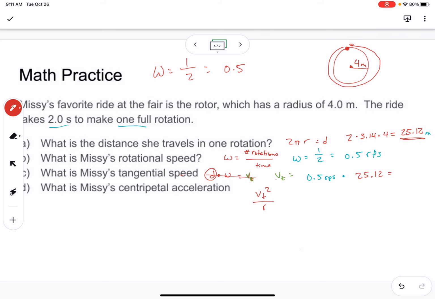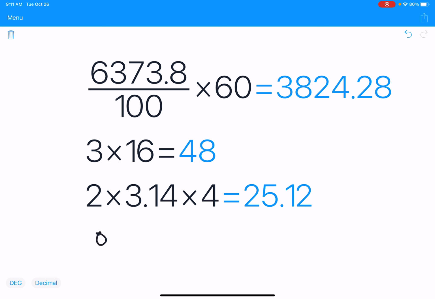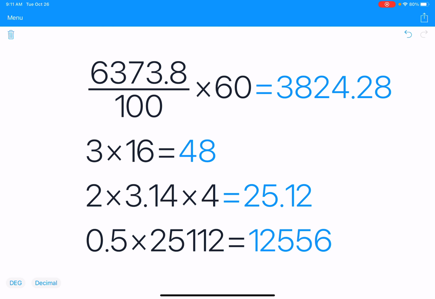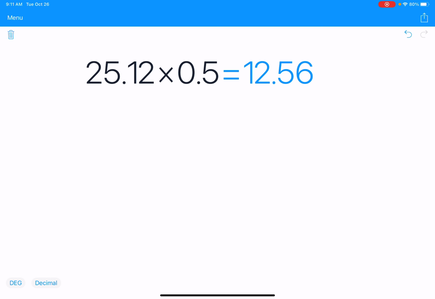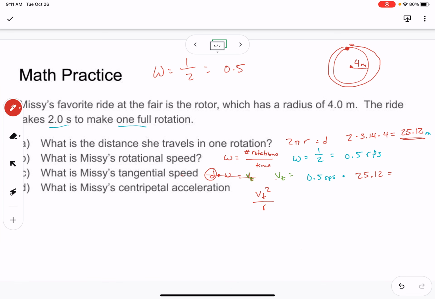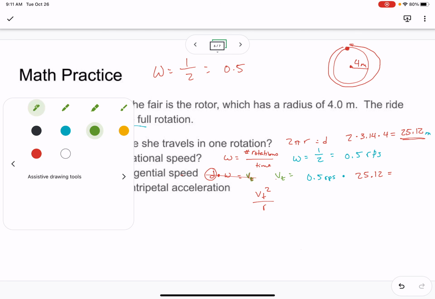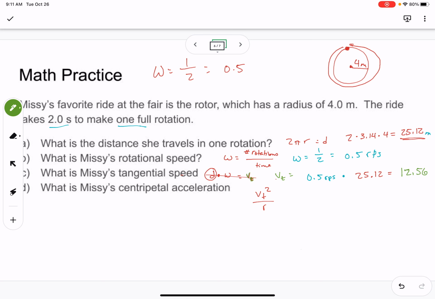So 0.5 times 25.12, there we go, 12.56. And that's our tangential speed, or tangential velocity.